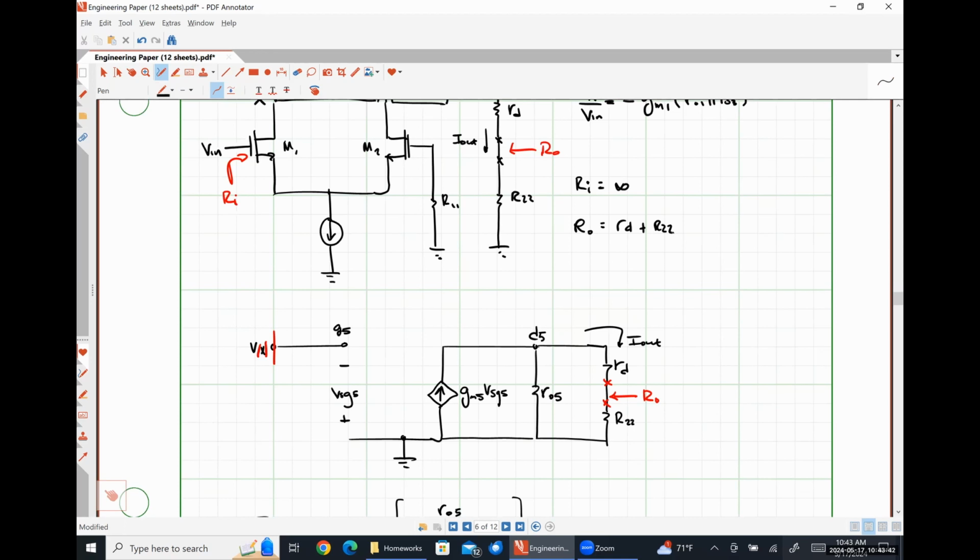All of that in parallel with ro5? I disagree. All in series. Yes. Could I see the Iin with the X?